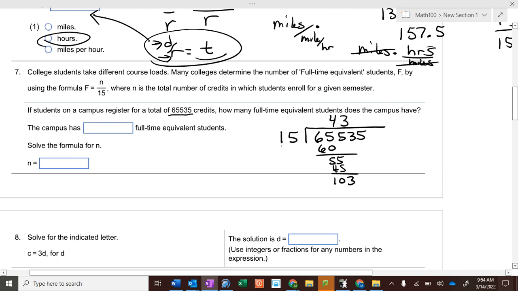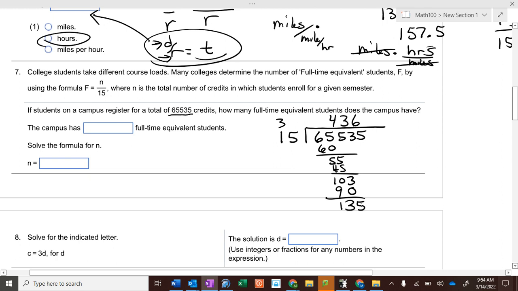How many times does 15 go into 103? I know it's not 8 because 8 would be 120. 7 would be probably 105, so probably 6. 6 times 5 is 30. Carry the 3. We get 90 with 13 left over. So 135.